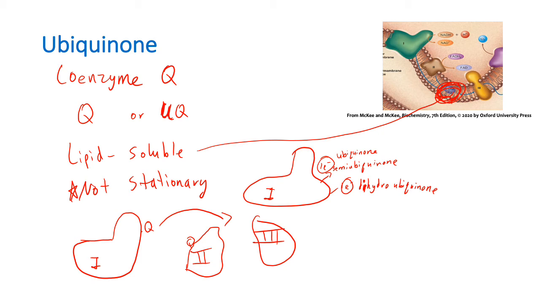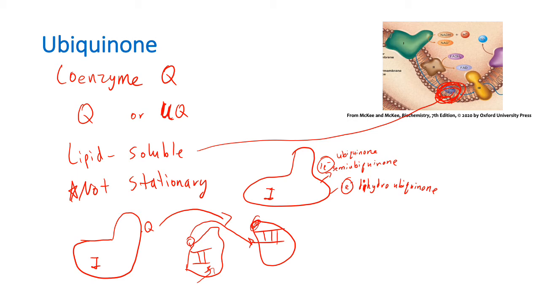The electrons from that can also go to complex 3. So what's happening here is the electrons from 1 get passed to Q, and Q goes straight to 3. If FADH2 gives electrons into complex 2, those electrons wind up on Q, and then those electrons from Q go to complex 3. So complex 2 never goes to 1, complex 1 never goes to 2. Both of them use Q to go to complex 3.